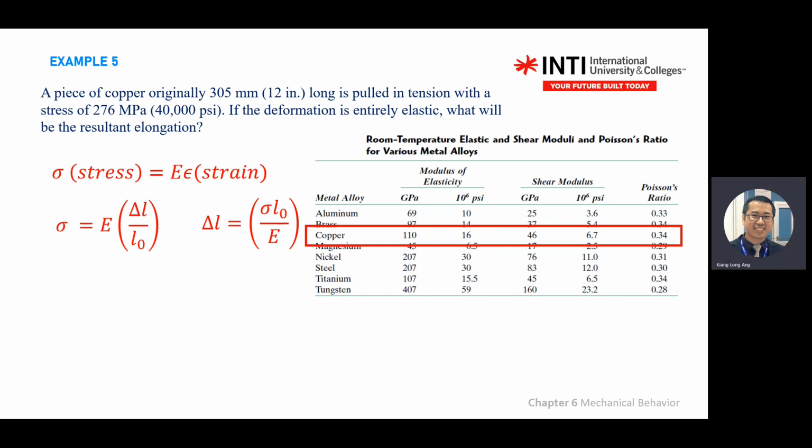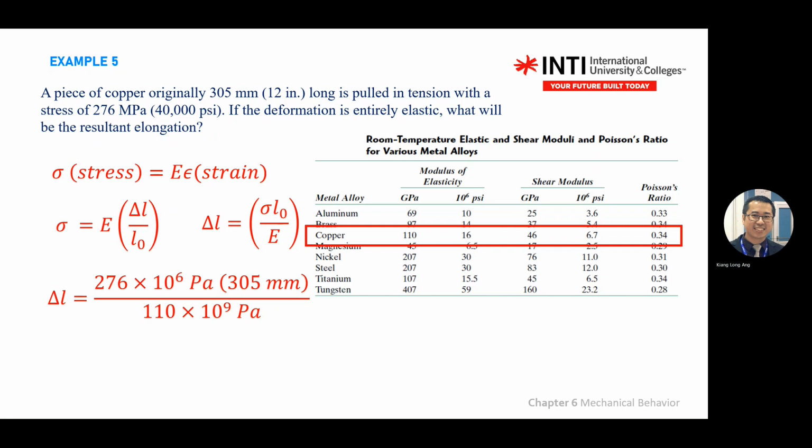Again, we are using SI units. So on the left-hand side we use gigapascal. Stress is given as 276 megapascal, so 10 power 6. Original length is 305. E is 110 gigapascal, 10 power 9.